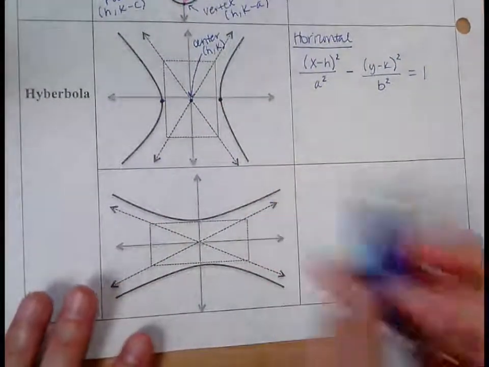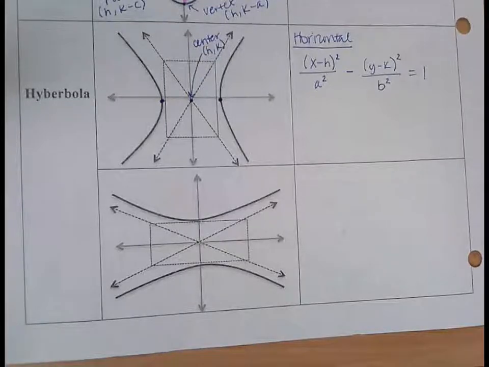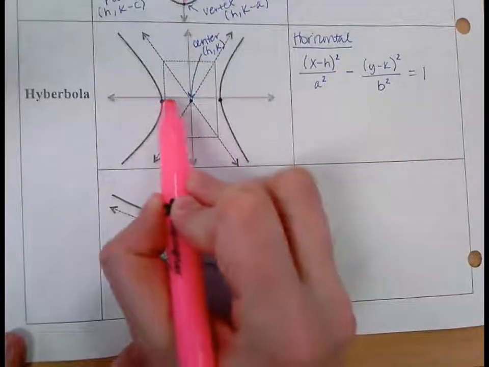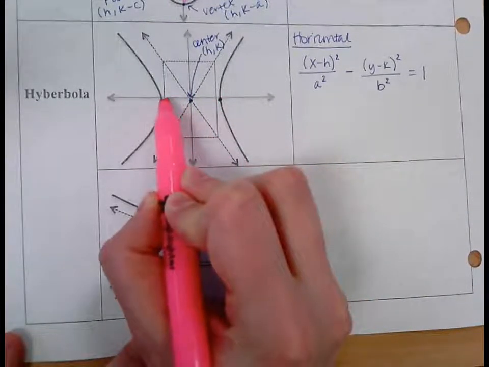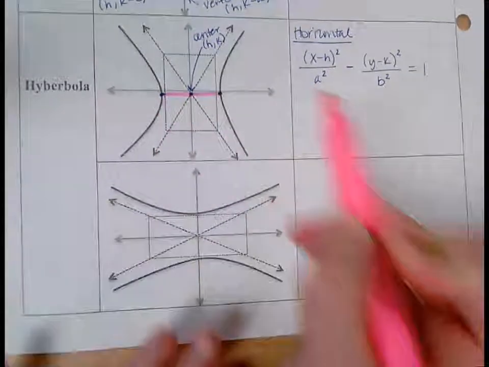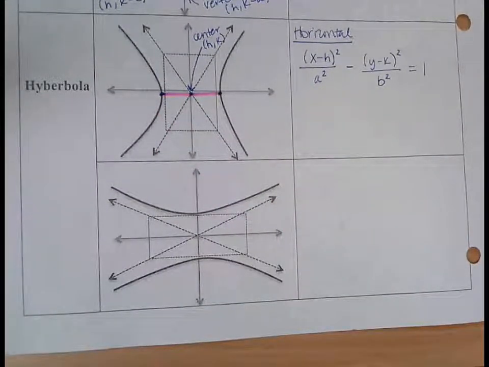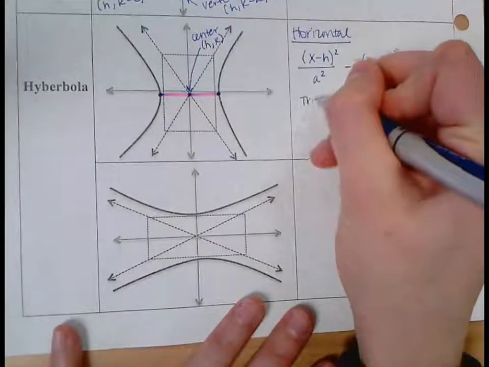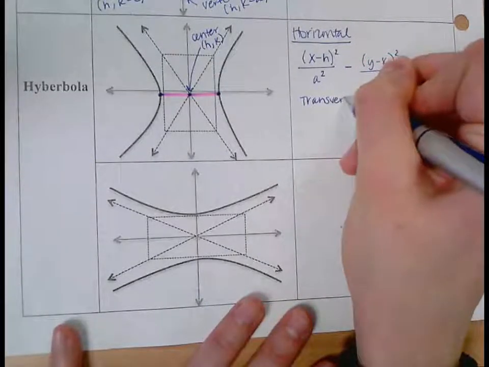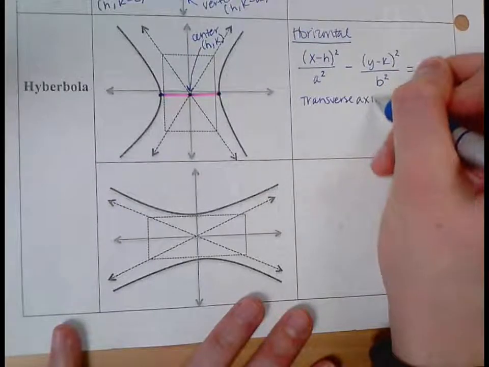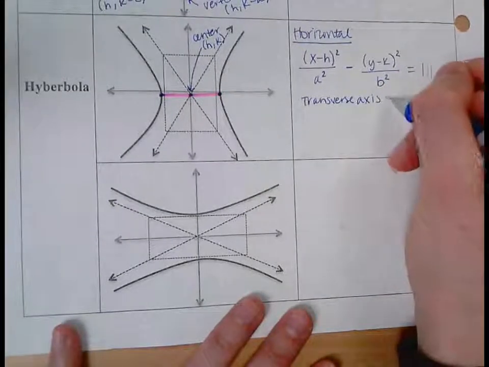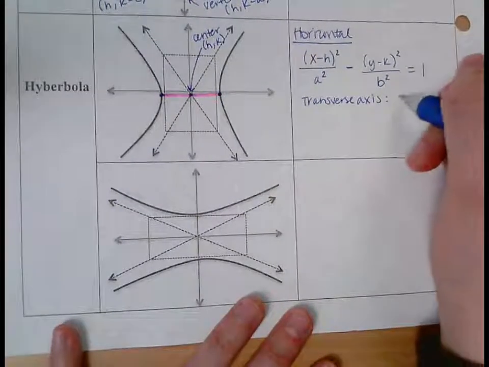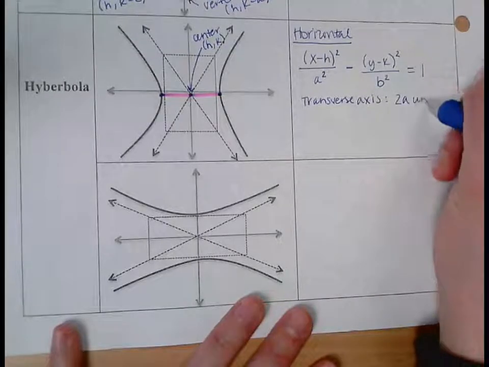I'm going to highlight it in pink here. Again, the line segment that connects the vertices and goes through the center is called the transverse axis. And so I'm going to write in this box here, the transverse axis has a length of 2a units.